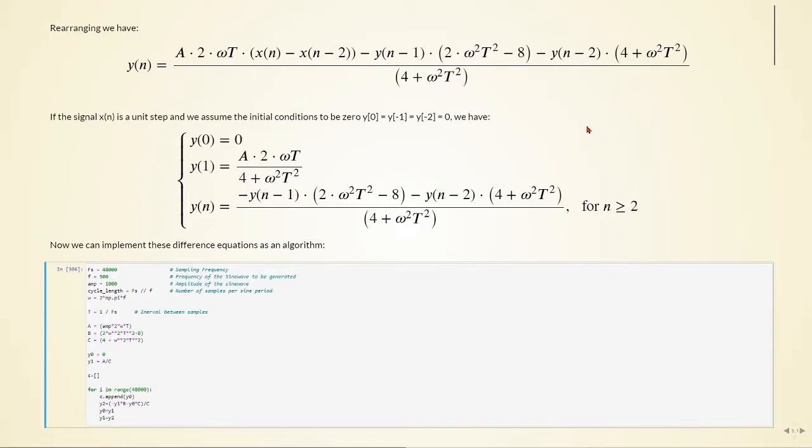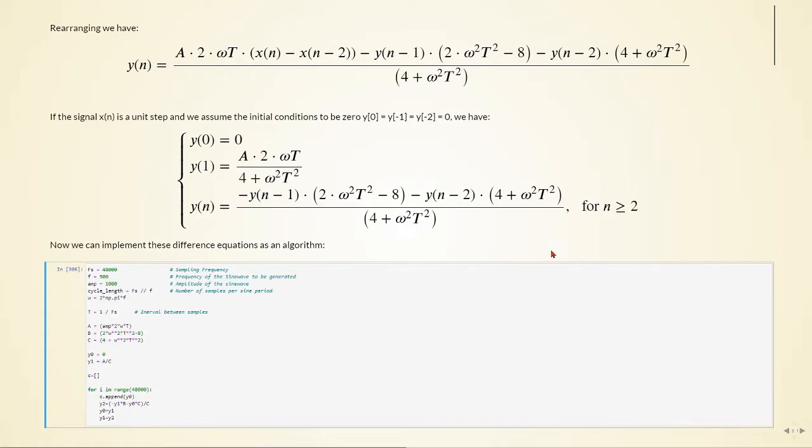Then for n greater or equal to 2, if we replace here by 2, we know that x of 2 is 1 and x of 0 is 1, so this part disappears, and we will end up with y of n minus 1, and this part here stays, and we have this equation for when n is greater or equal to 2.